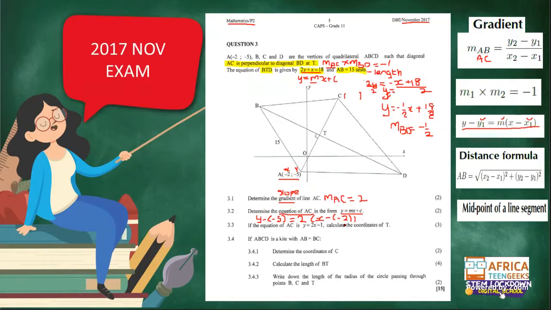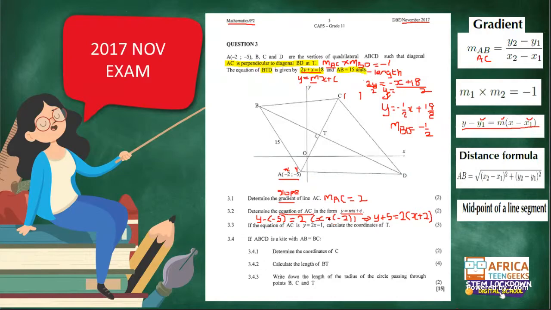Okay, so in that case, you would have y plus 5 equals 2 into x plus 2. Can you see that? If you didn't write your value correctly, then you would have lost marks for that.